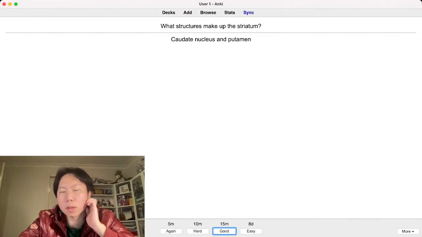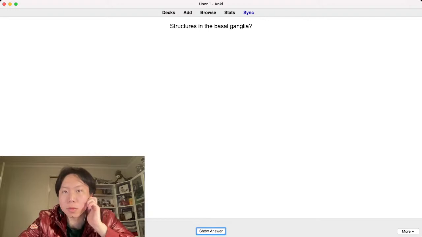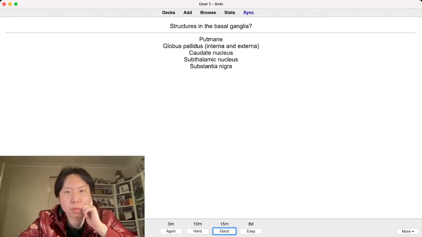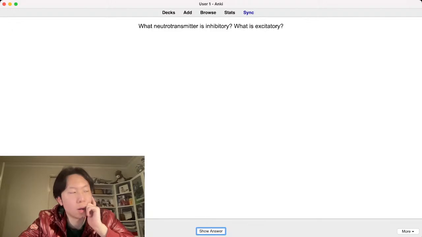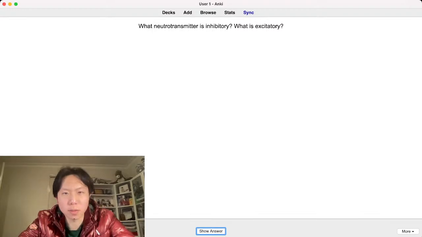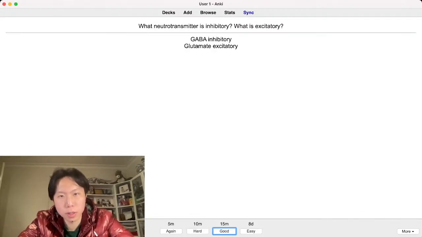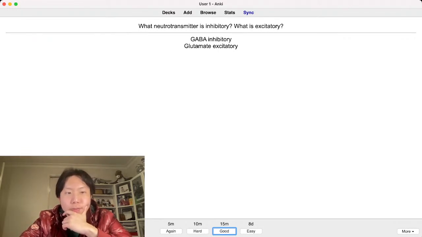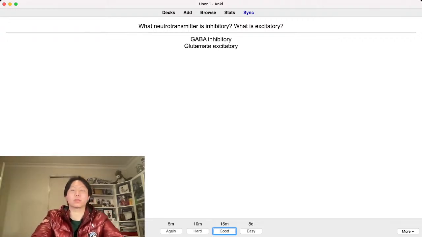Structures in the basal ganglia: putamen. GABA and glycine, okay. GABA is inhibitory. Glutamate is excitatory.